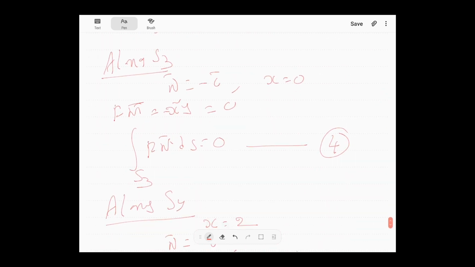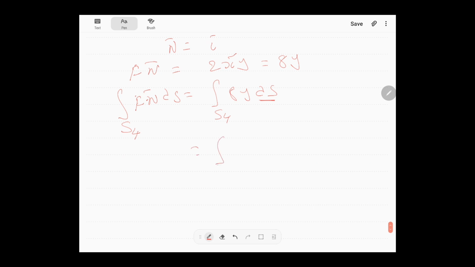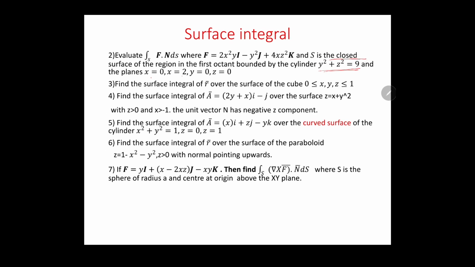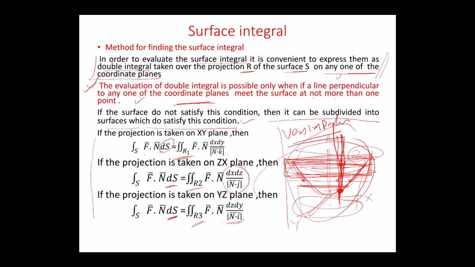Therefore, in place of ds, I am writing the double integral over R of 8y dy dz. Whenever I have dy dz, it is divided by n bar dot i bar with a modulus. What is n bar here? n bar is i bar. i bar dot i bar is 1. I can write ds as either this or this or this as per my convenience. I am using this.